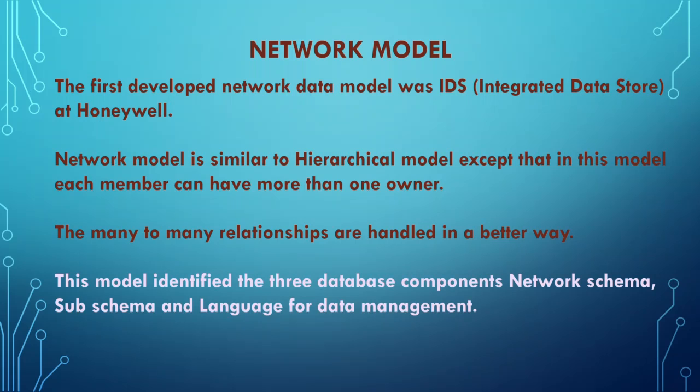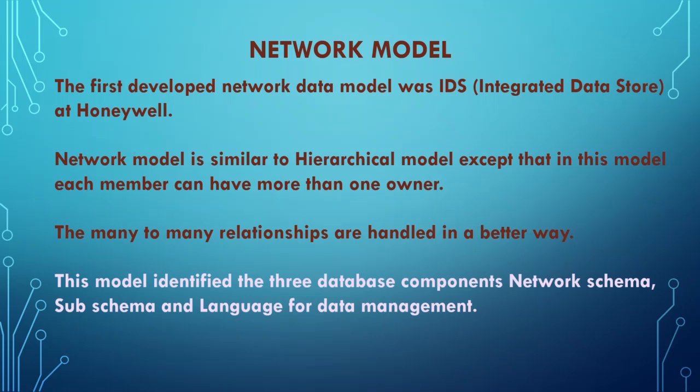Three database components are used to identify this model: network schema, subschema, and language for data management. All the database models are used for storing the data in a particular, well designed manner.